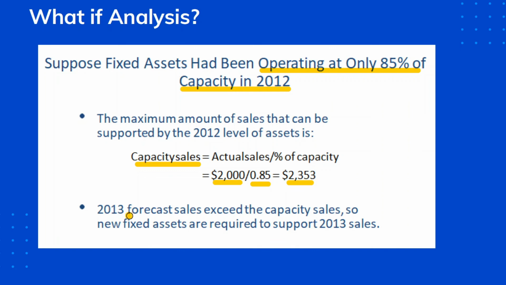Only if forecasted sale exceeds this capacity sale, then we have to invest more in the net fixed asset. In other words, if our sale is still less than these numbers, $2,353, we don't need to invest more in the net fixed asset.